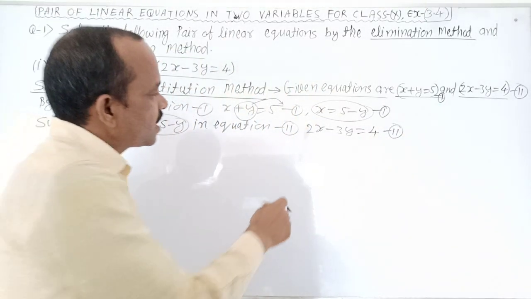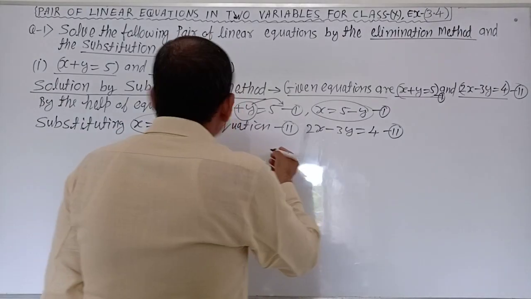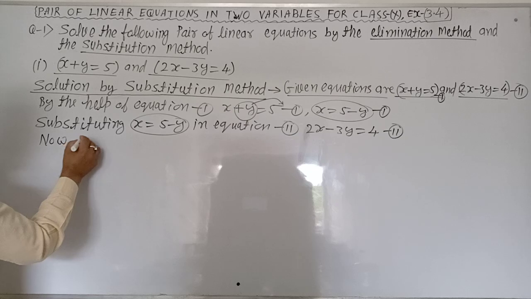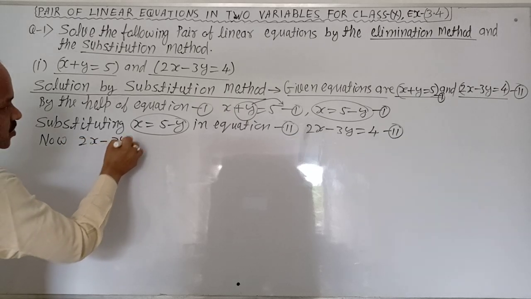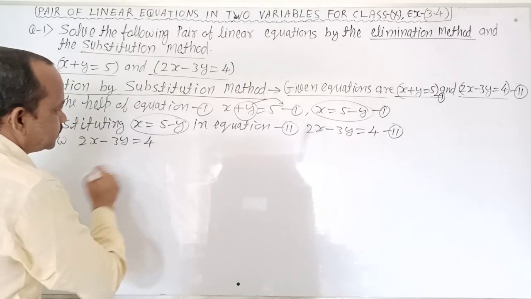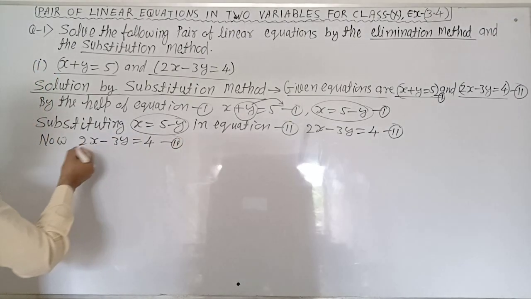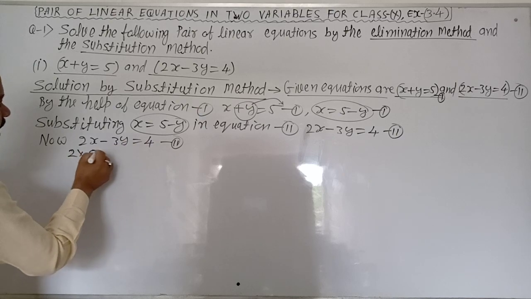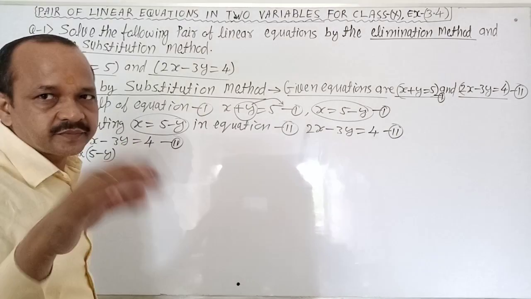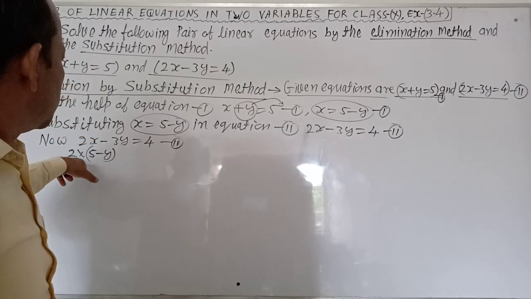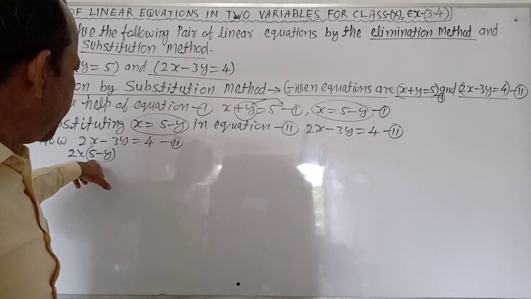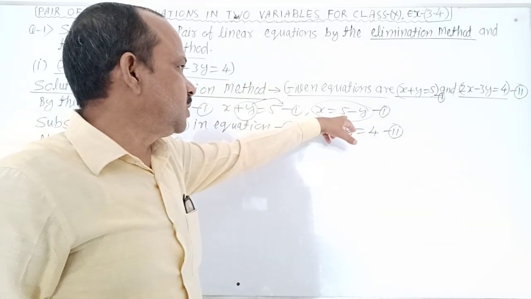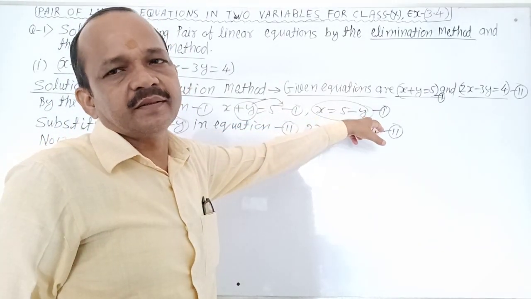Clear? Now 2x minus 3y equal to 4, equation second. 2 multiply 5 minus y, the value of x equal to 5 minus y. Clear?